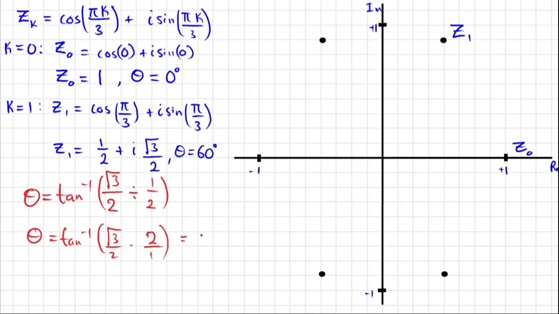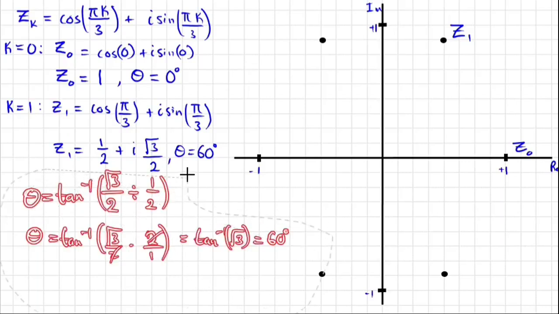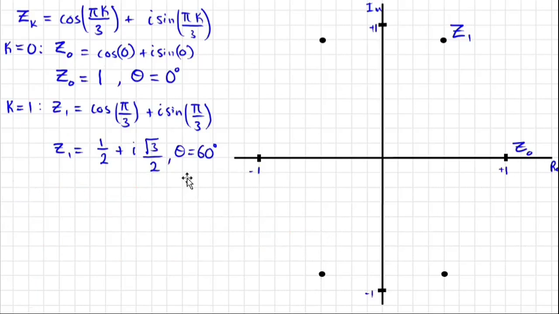The 2 can cancel, leaving us with the tan inverse of root 3, and the tan inverse of root 3 is 60 degrees. So that's how I obtain that 60 degrees. For the next complex numbers, I'll just be finding the angles without showing you, because now you know where it's coming from. The angle is simply you finding the argument of that particular complex number.